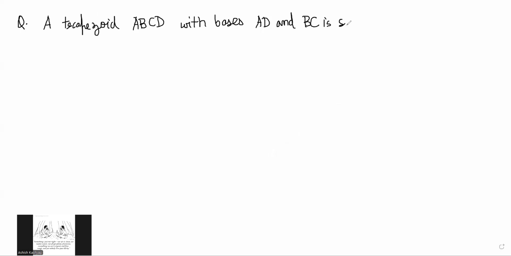A trapezoid ABCD with bases AD and BC is such that AB is equal to BD.